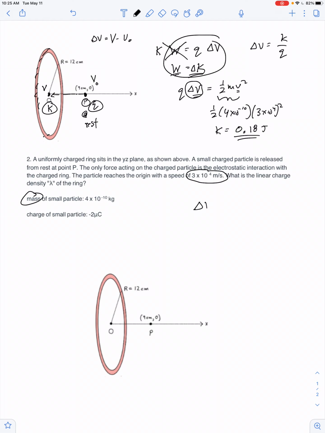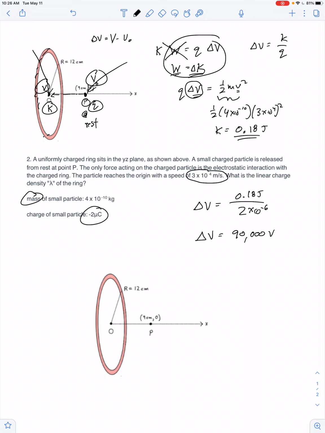So the difference in electric potential between these 2 points is equal to 0.18 joules of work divided by 2 times 10 to the negative 6th coulombs. So this gives us a potential difference of 90,000 volts.